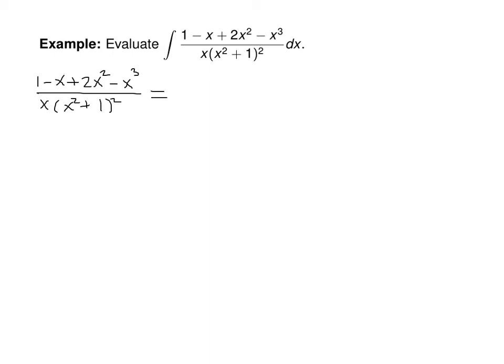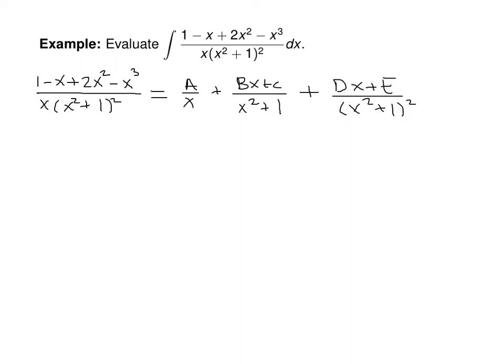So that has to equal some a over x plus some bx plus c over x squared plus 1 plus some dx plus e. And you're like, oh my god, I'm running out of letters. Dx plus e over x squared plus 1 squared. Whew!